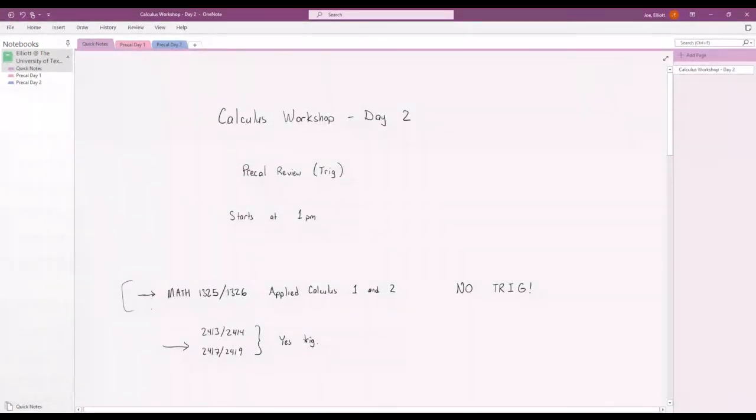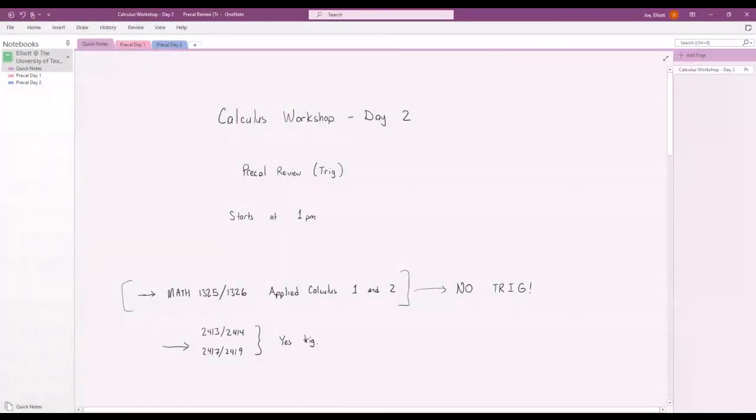For the applied calculus sequence, the biggest difference is that you don't do anything with trig functions. So if you do math 1325, math 1326, you should never encounter a trig function in any of your homework problems or quizzes or anything like that, okay?